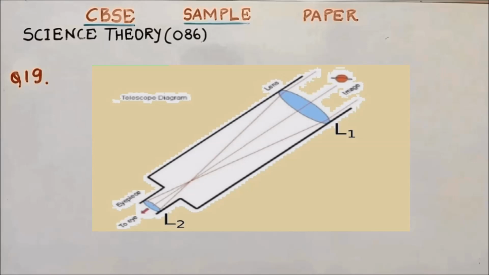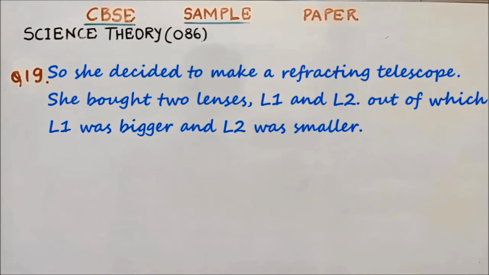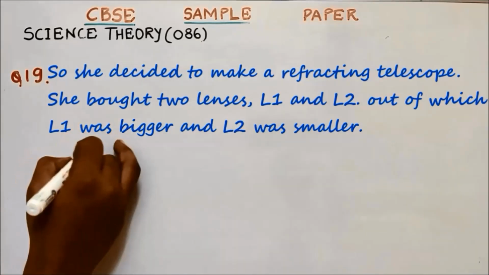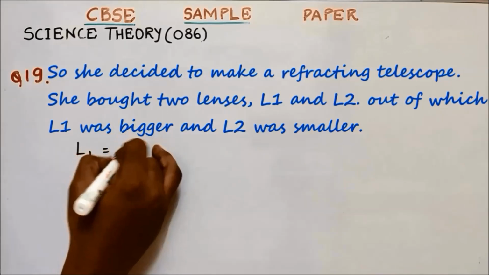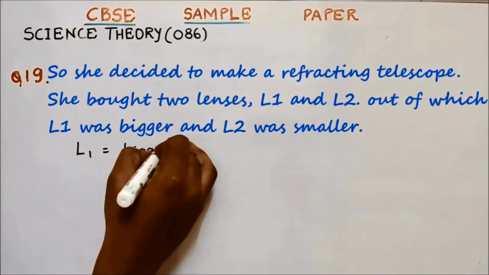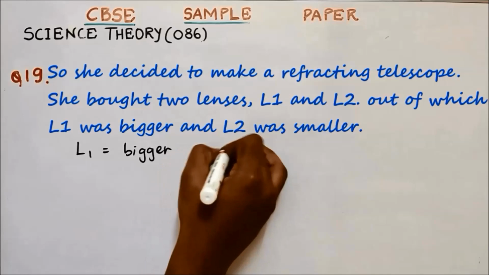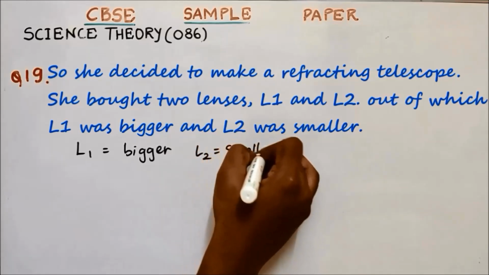Please see there, the eyepiece is the place where you will keep your eye to watch the stars. She decided to make a refracting telescope. She bought 2 lenses, L1 and L2, out of which L1 is bigger and L2 is smaller.